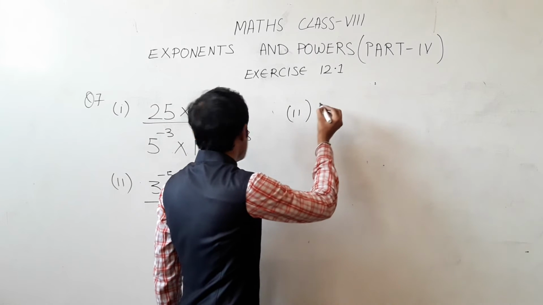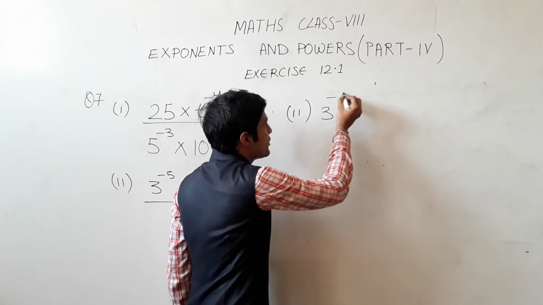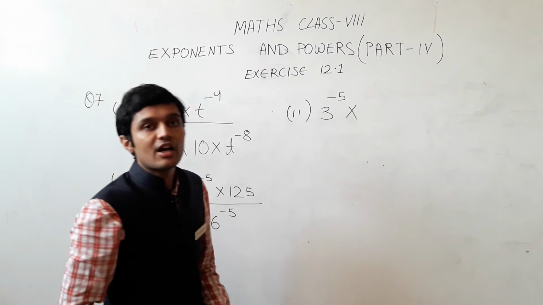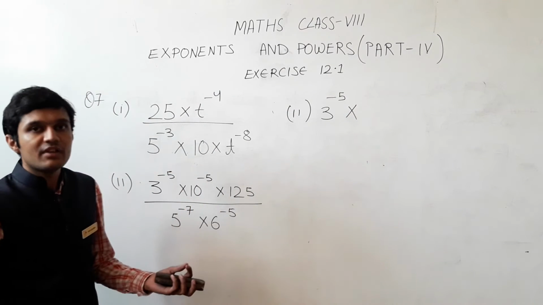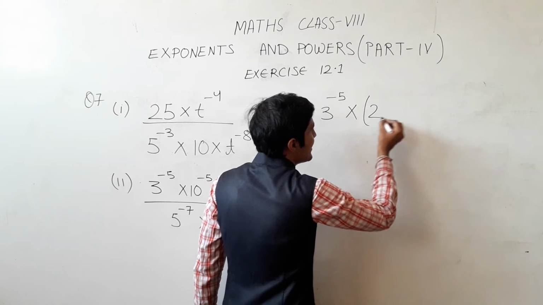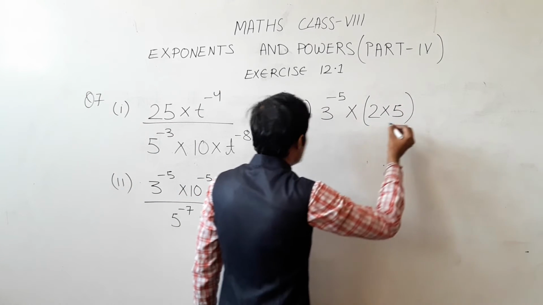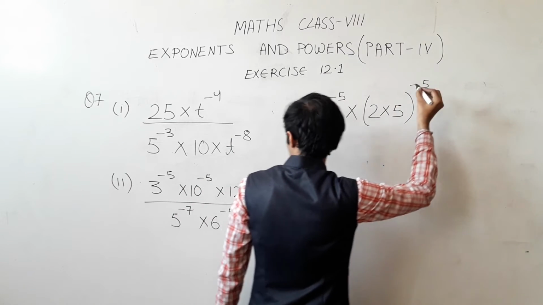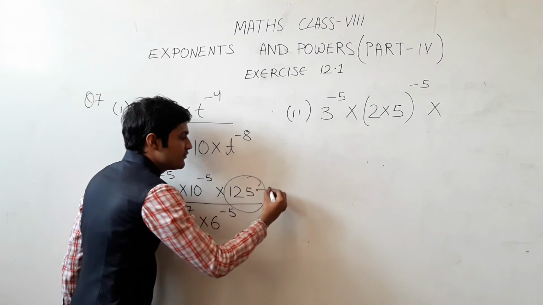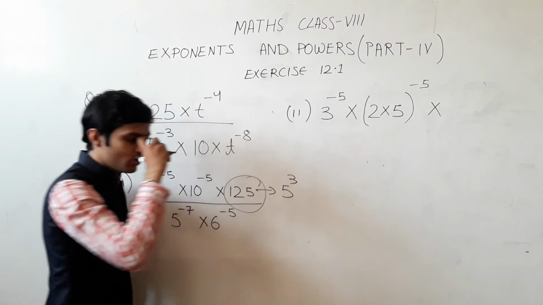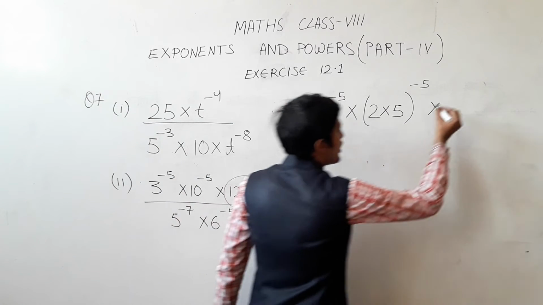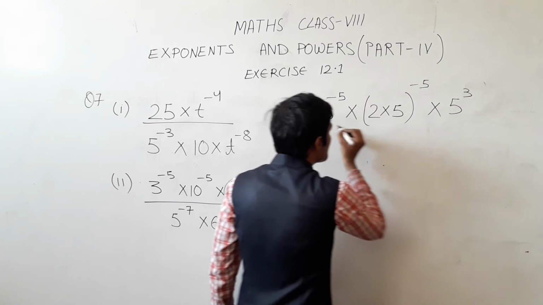So I am writing here 3 raised to the power minus 5 into 10 raised to the power minus 5. 10 can be written as 2 into 5, so I can write 10 as 2 into 5 raised to the power minus 5 into 125. 125 can be written as 5 cube. So I am writing 5 cube here.